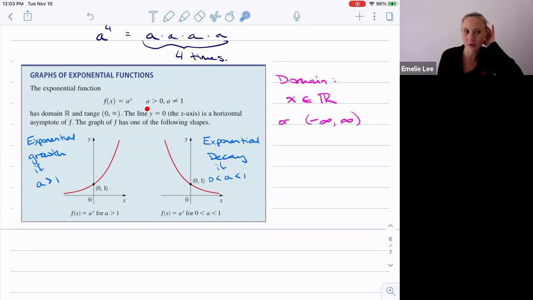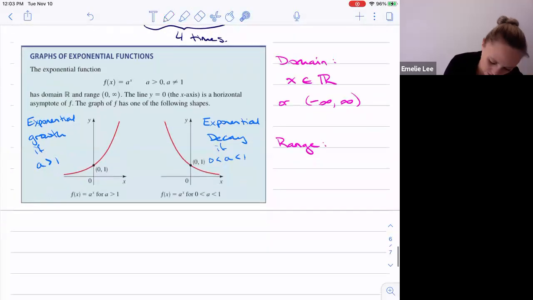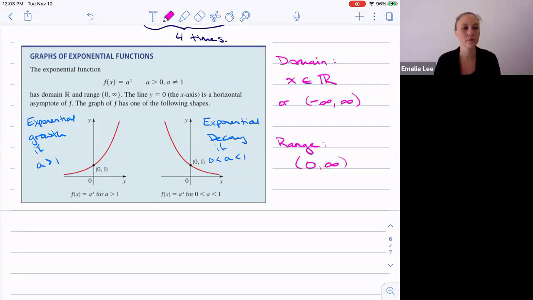So I've already established that since my base is positive, then my y has to be positive always. So the range for this, regardless of if we have growth or decay, is always going to be from 0 to infinity. Okay. So that's good to keep in mind.